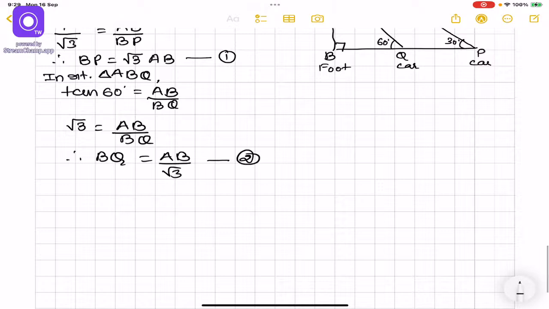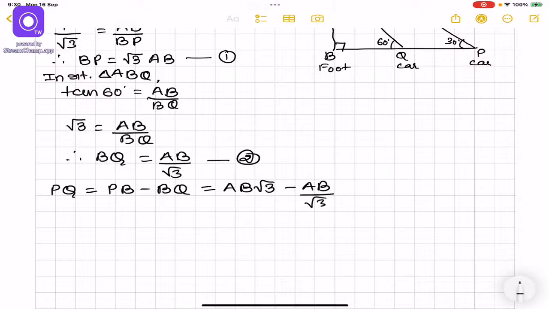Now PQ equal to PB minus BQ. So that will be AB root 3 minus AB upon root 3. Now if I take AB common, so I will have AB root 3 minus 1 upon root 3.